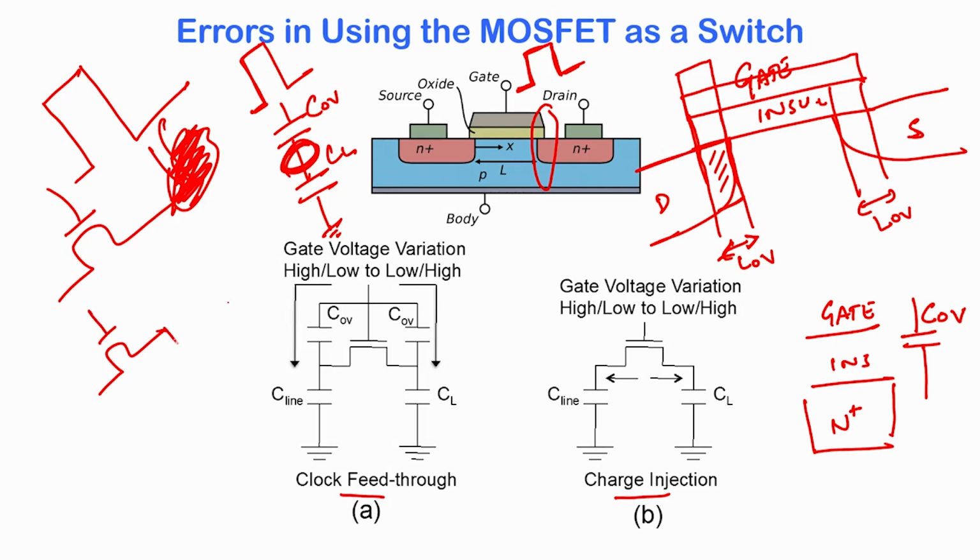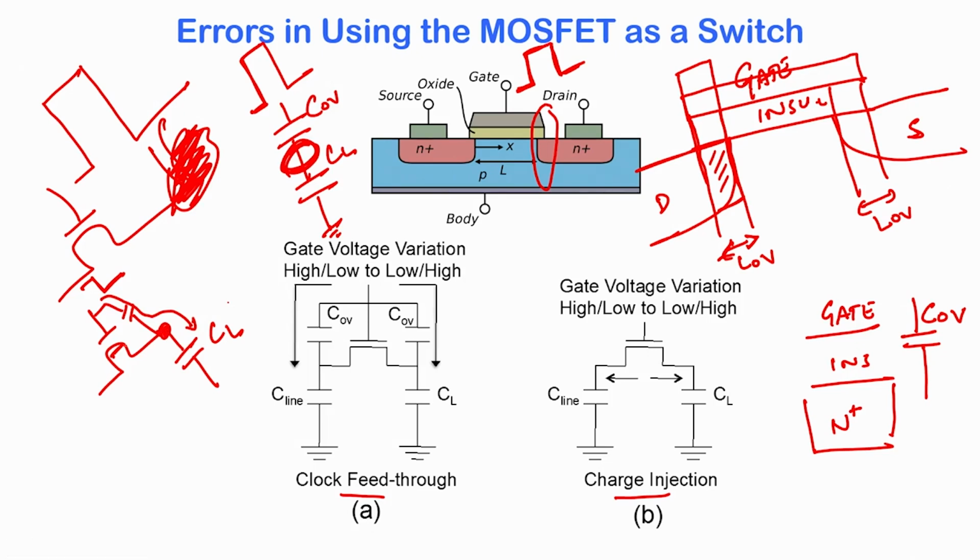So, we had this load capacitor. We already saw that by turning off the gate, the gate transient caused a current through this path, and it created an error on the stored charge in the capacitor.